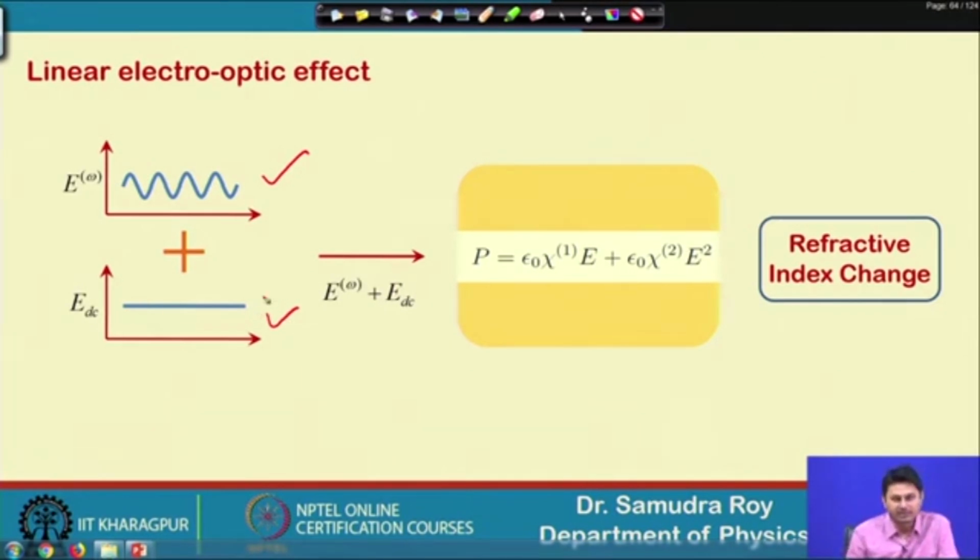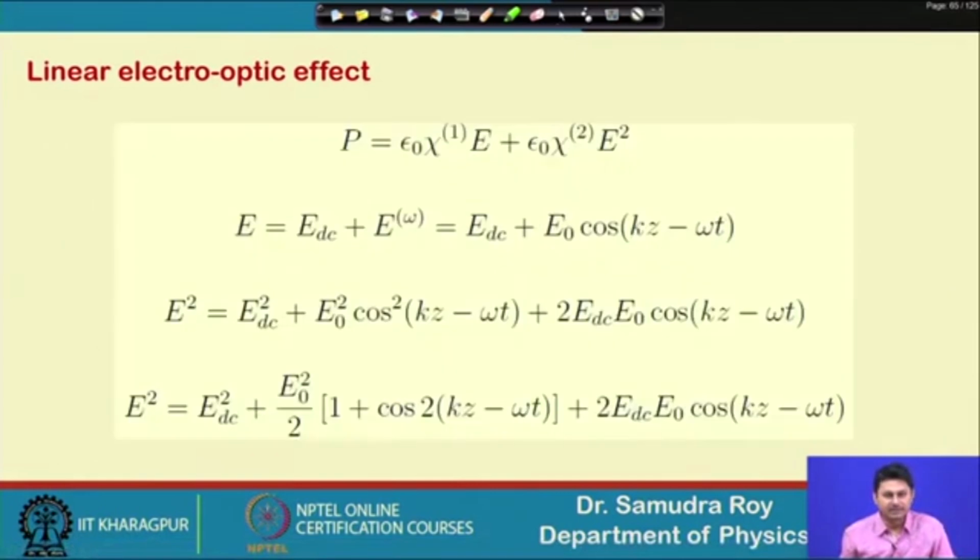The total electric field is this plus DC, and if it goes through the system where the polarization is represented by this term, then the outcome is a refractive index change. This is a schematic representation of what is going on in the electro-optic effect, so that you can readily understand the process. Okay. As I mentioned, now we need to understand this mathematically.